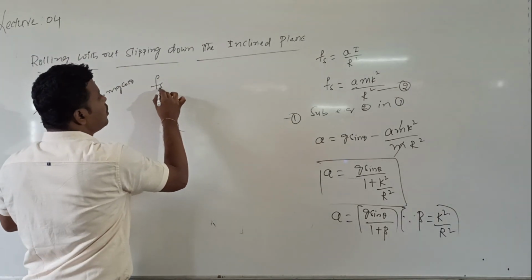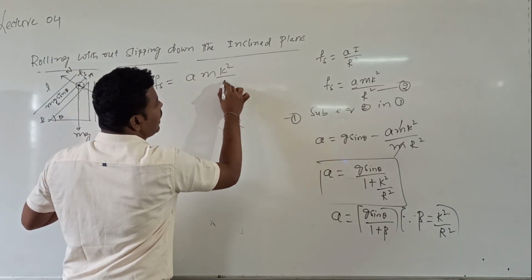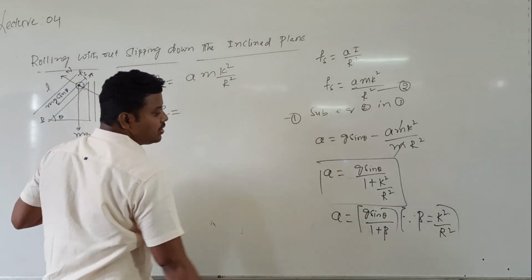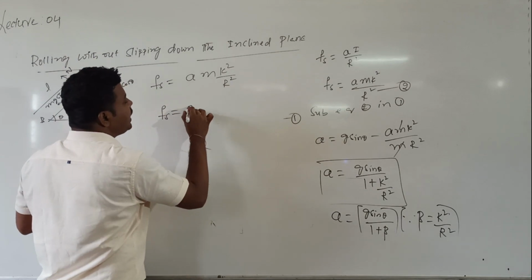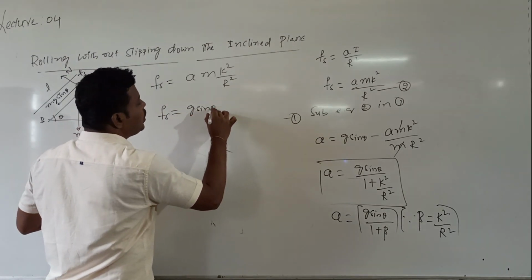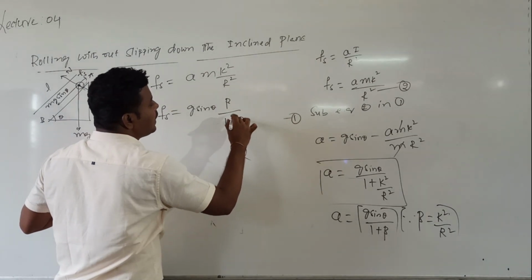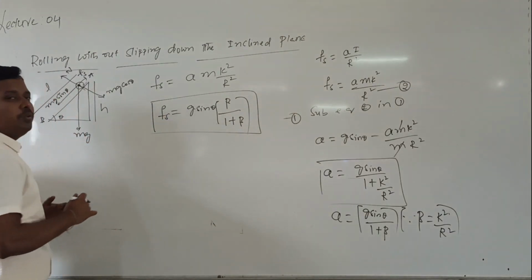Fs is equal to a into m into K square by R square. If I substitute the value of a, g sin theta divided by 1 plus beta, then after simplification, what I get is g sin theta into beta divided by 1 plus beta. So this is the expression for the frictional force acting on the body.